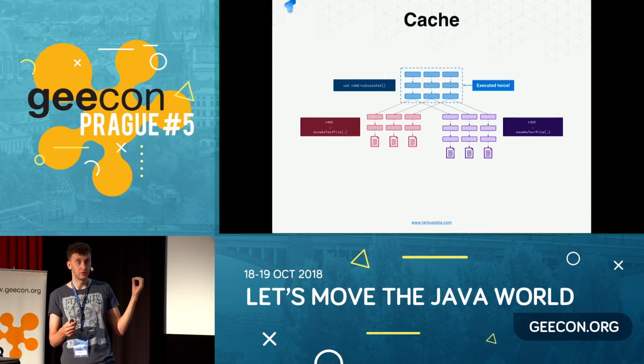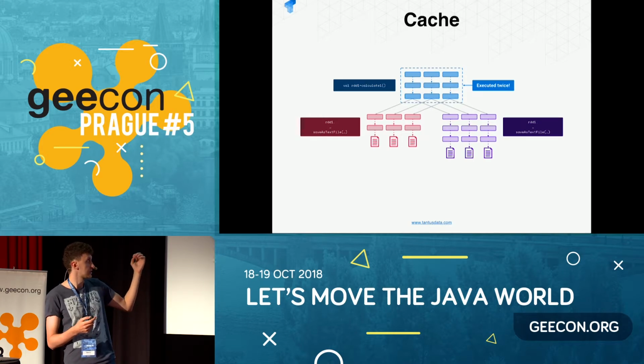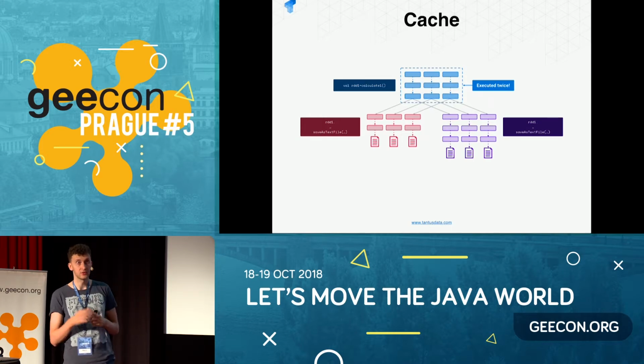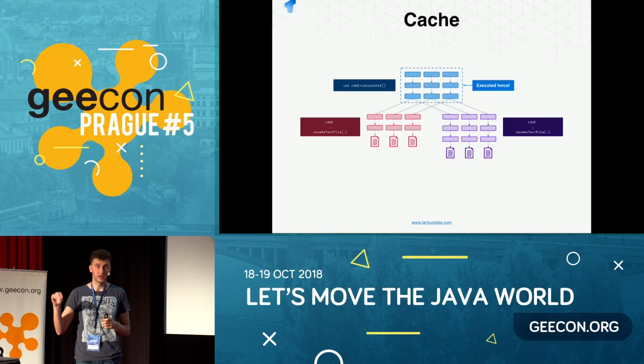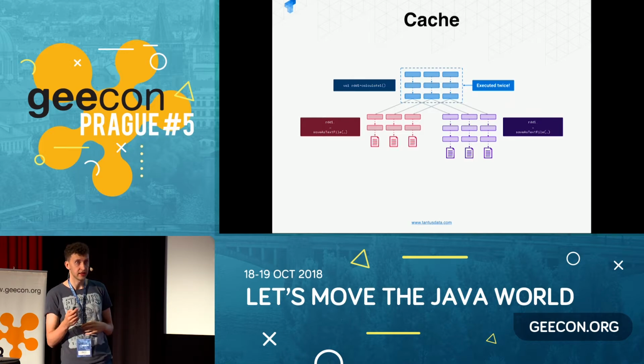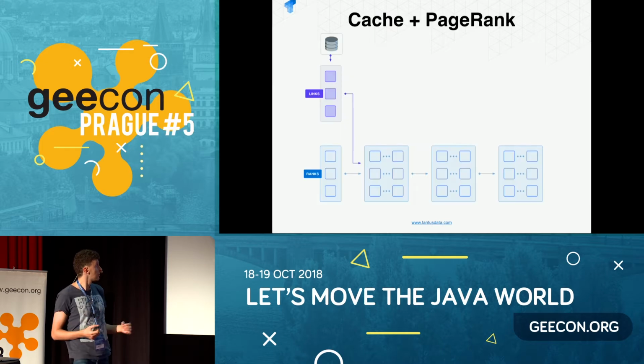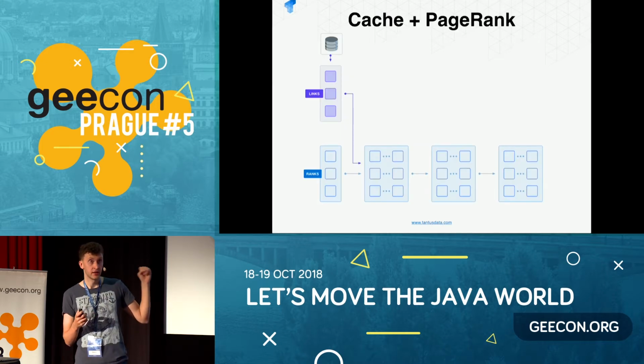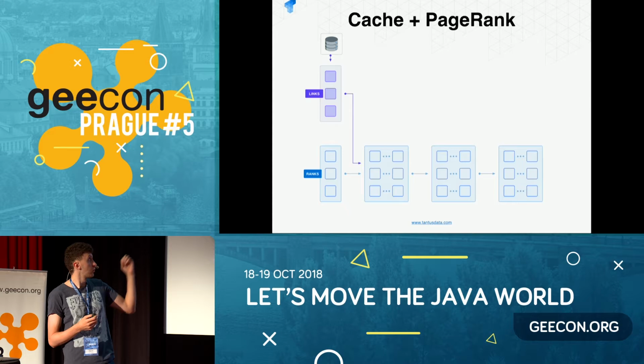So if you want to keep the result of calculation of the blue data set, you have to explicitly instruct Spark to cache it. So you might say, okay, that's quite easy, I cache everything, but it's not really the case. I will show you. But just to give you an idea when caching is really important, we are doing PageRank.